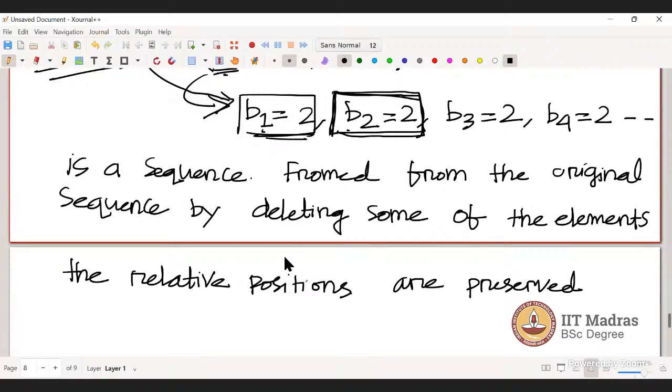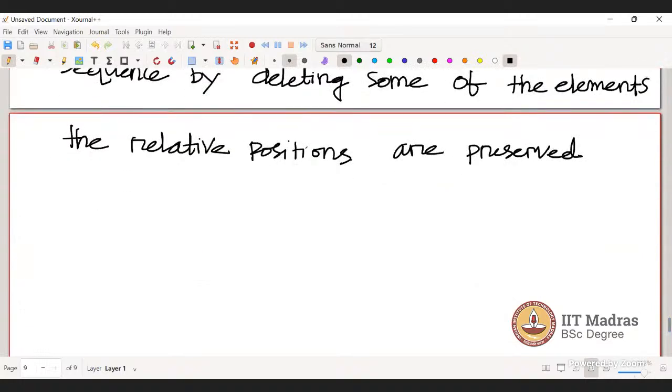And likewise for option 3, because it disturbs the order and plus it's repeated. So what about option 2? Option 2 exists in that sequence because we're just deleting the odd numbers, and the order is also preserved. We are not disturbing the order.